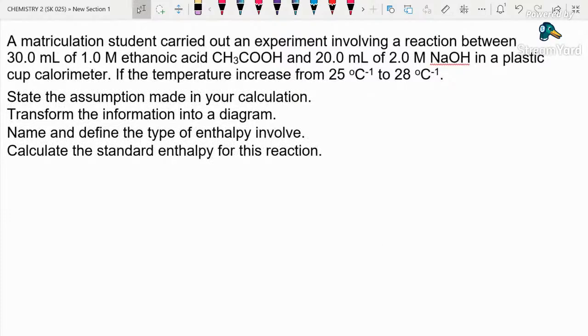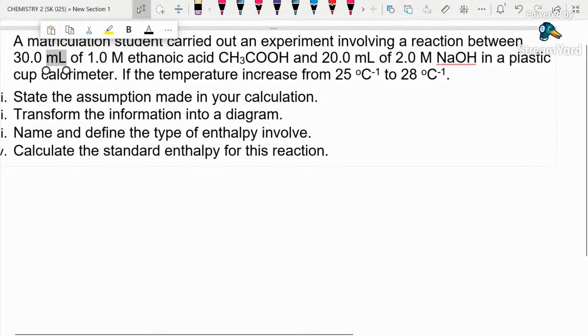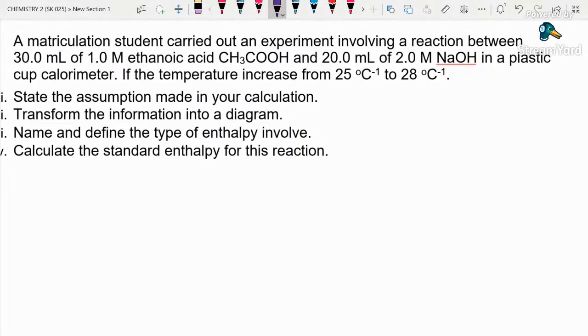Alright, so first of all, state the assumption. So kita as usual, assumption tu adalah heat release from the reaction that represent the neutralization, Q reaction, in this case adalah neutralization, is equal to heat absorbed by water plus calorimeter.